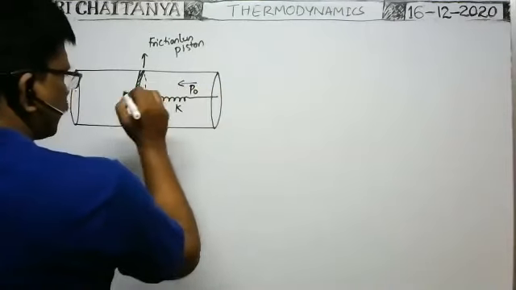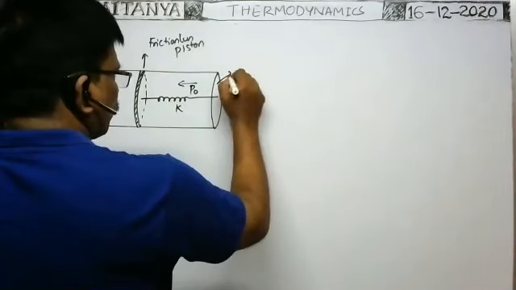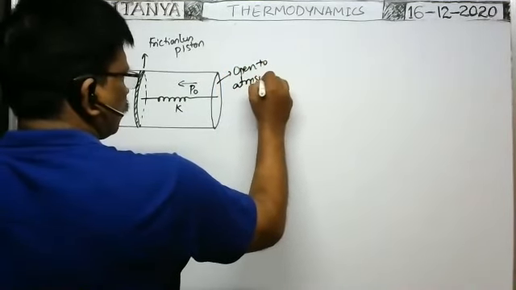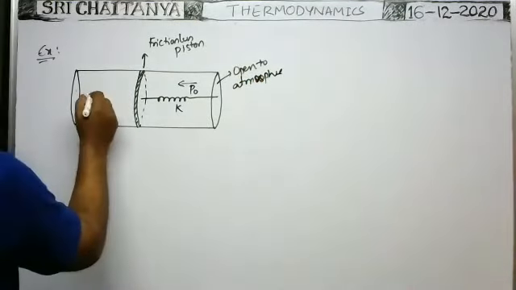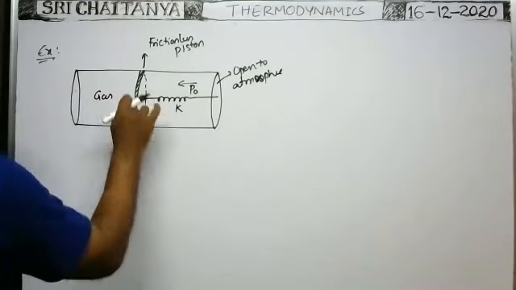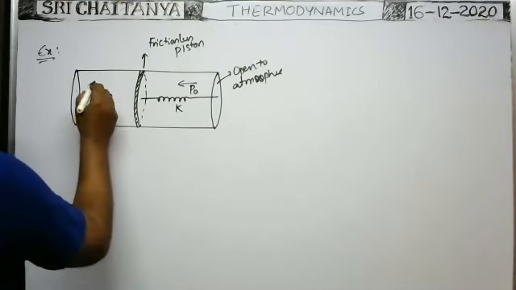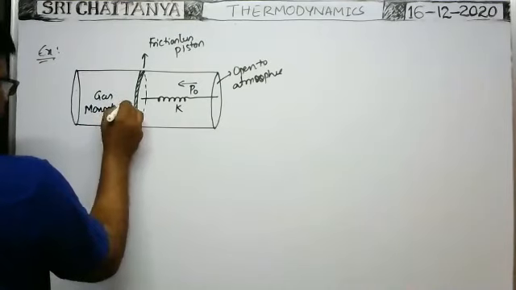On the piston, atmospheric pressure P naught acts because the cylinder is open to the atmosphere. But here the gas is enclosed in the cylinder by means of a piston. Now, an ideal monoatomic gas is taken.